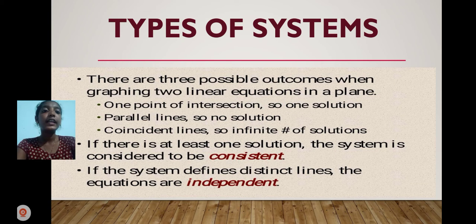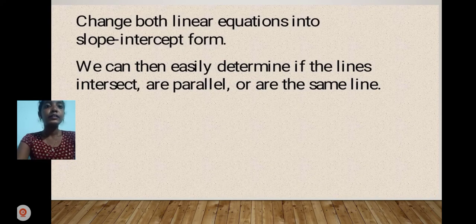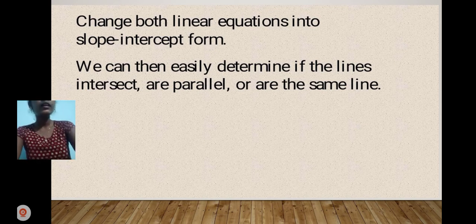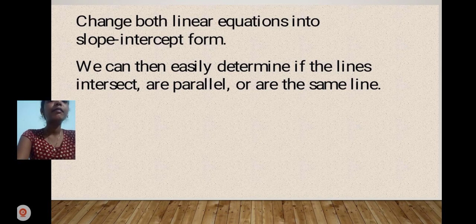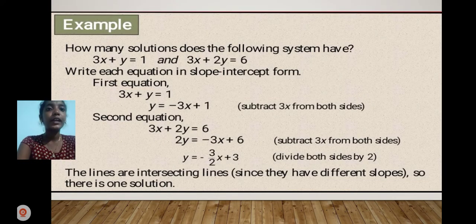If there is at least one solution, the system is considered to be consistent. The system defines distinct lines, so the equations are independent. Change both linear equations into slope-intercept form. We can then easily determine if the lines intersect, are parallel, or are the same line.